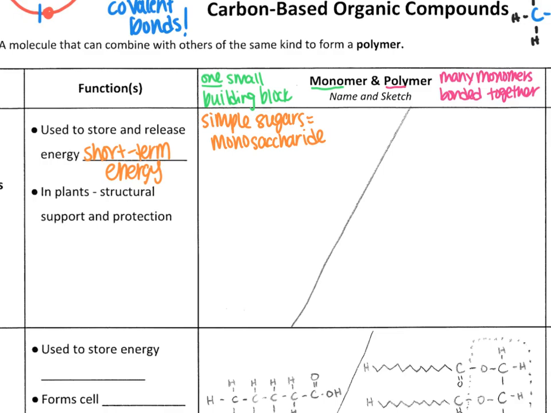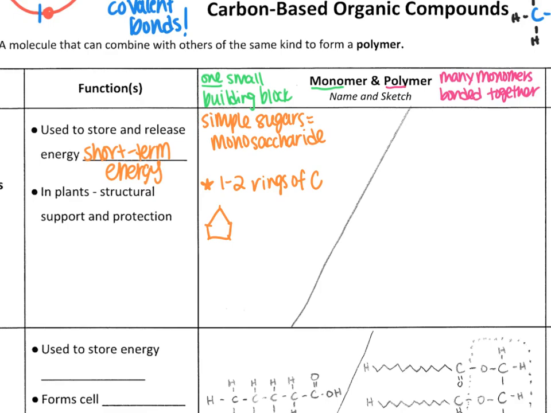And the important distinction here in terms of the structure of a monomer or a monosaccharide is that it's 1 to 2 rings of carbon. Okay, so for example, if it's one ring, it might be a pentagon. Remember that each intersection would be a carbon, and then branching off of that would be hydrogen atoms and oxygen atoms.